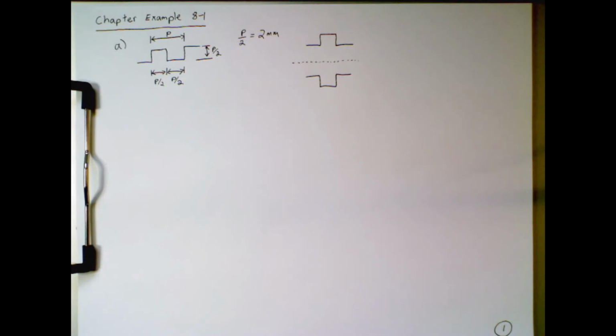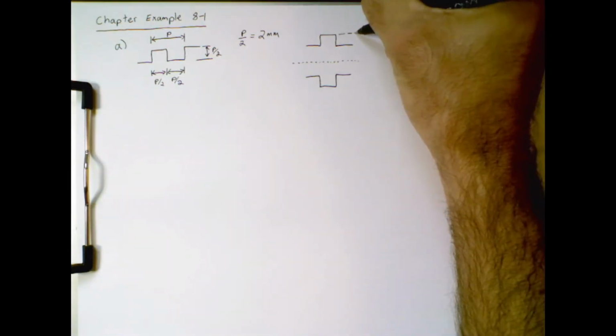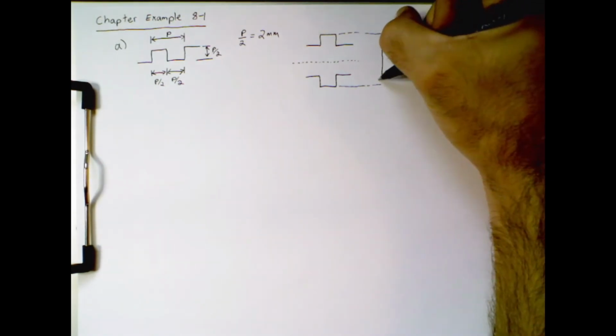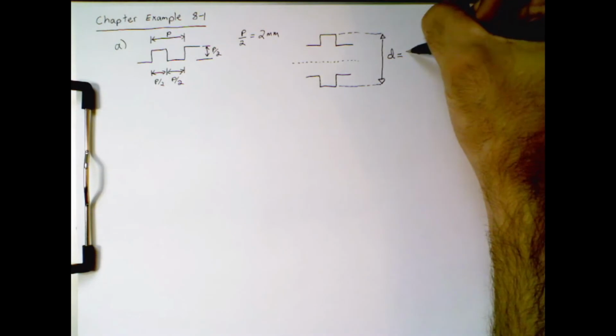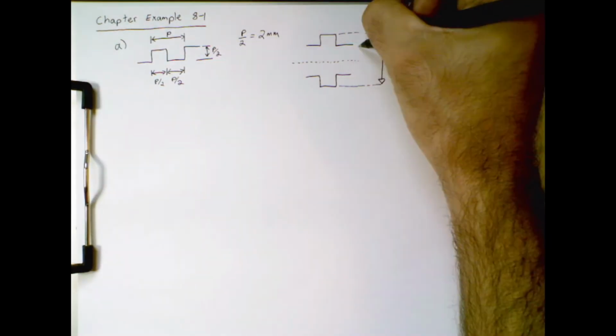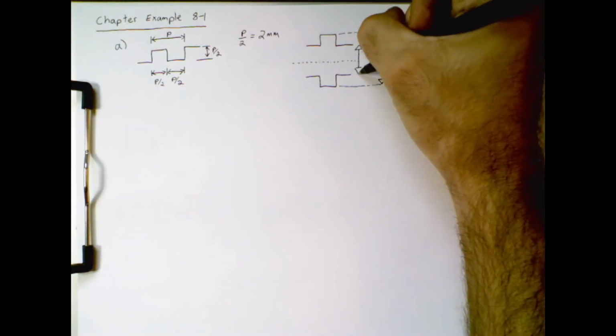Sketching this out to include both sides, this may help to visualize what the diameters are that we need to find. This is the major diameter, and we are told that it's 32 millimeters. This is the root diameter.